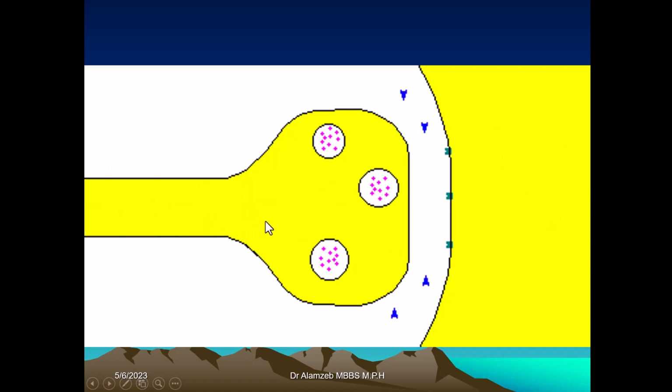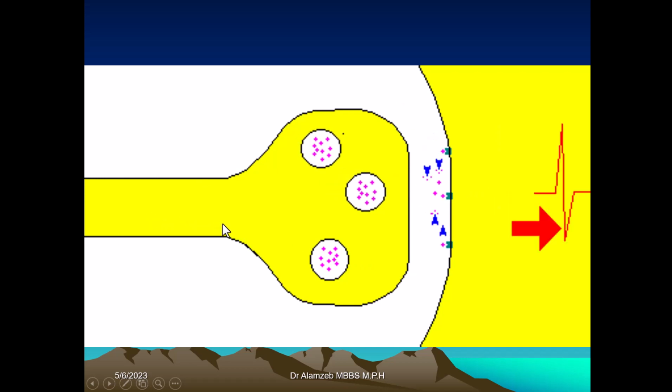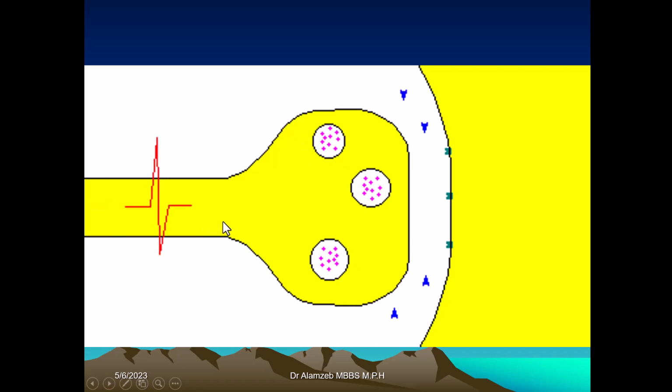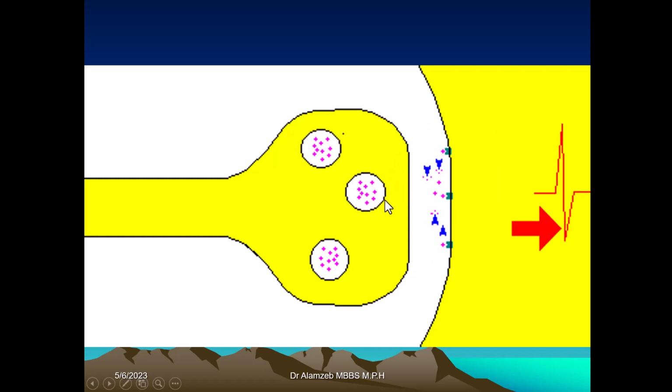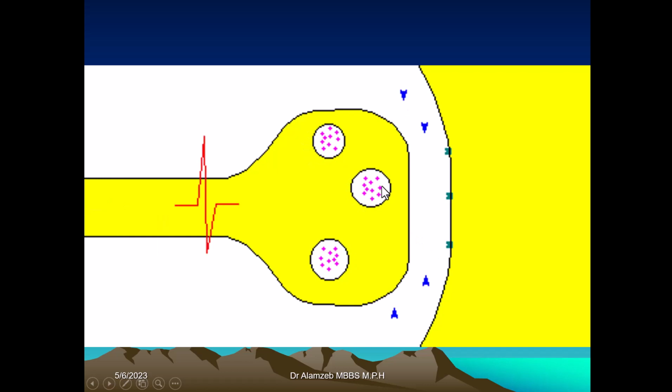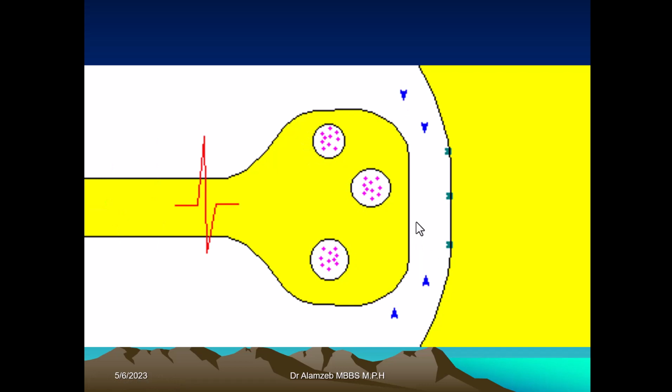Here you can see the electrical potential, or electrical current, which arrives from the motor neuron to the presynaptic neuron. Here we have the vesicle which contains the acetylcholine, by the mechanism which we discussed in the previous slides.